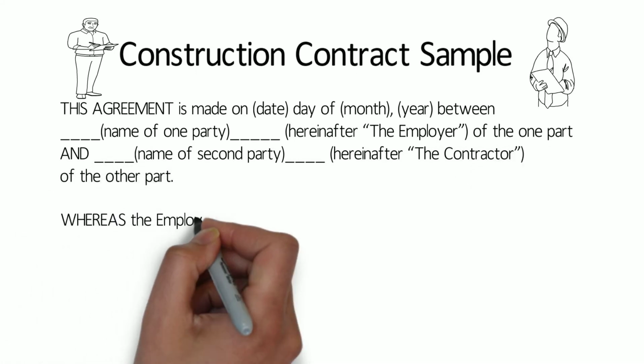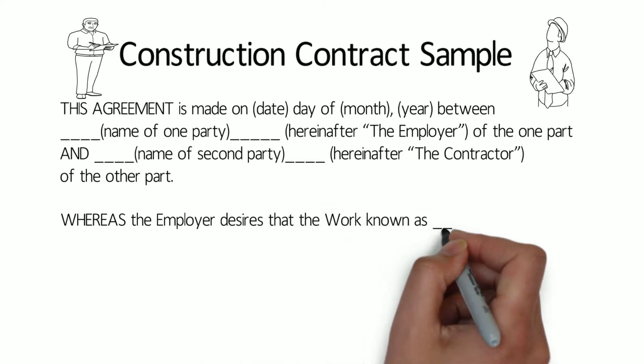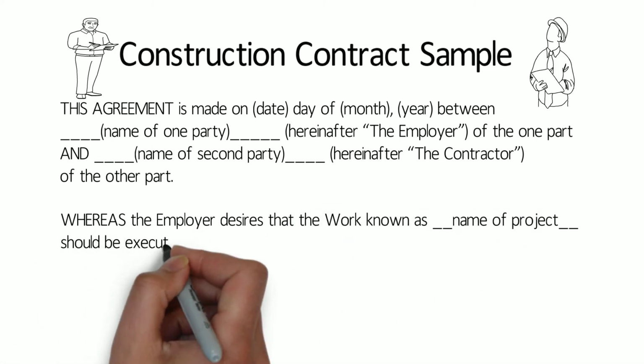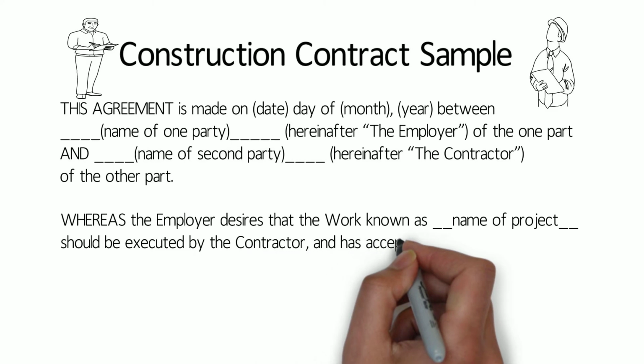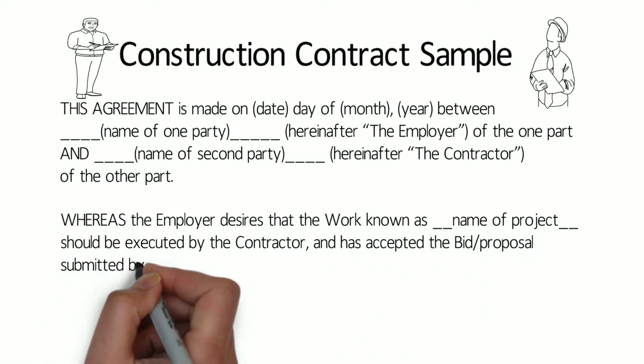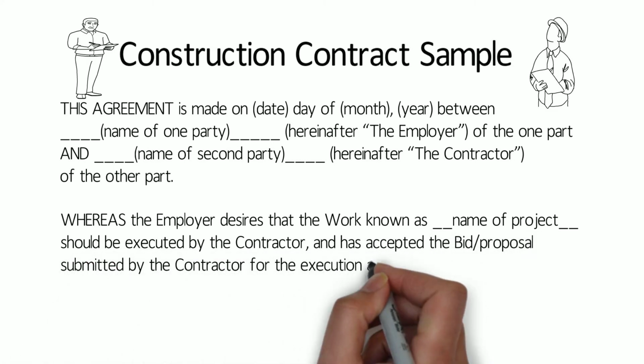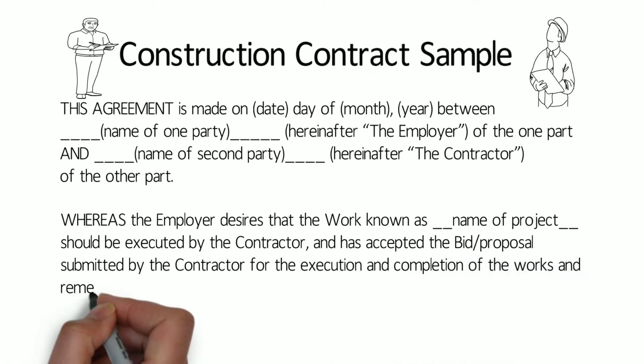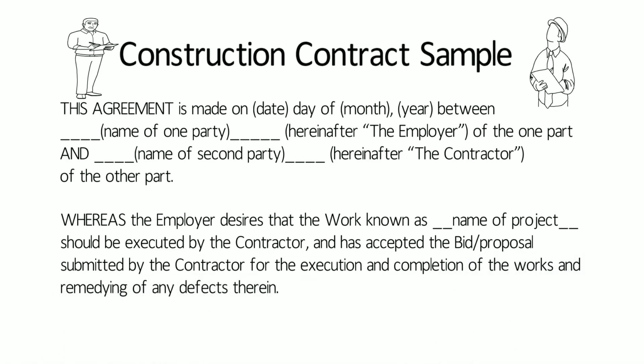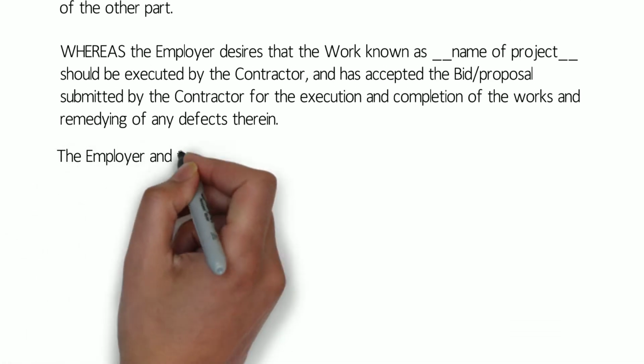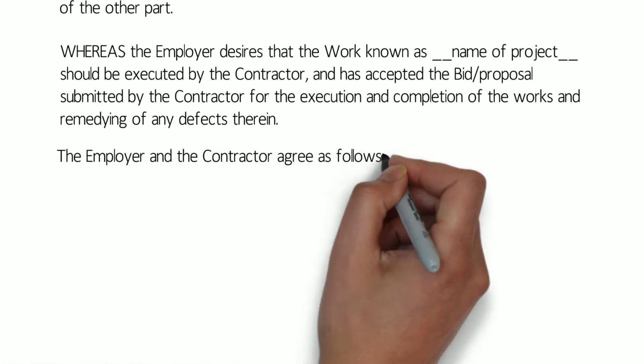Whereas the employer desires that the work known as the name of the project should be executed by the contractor and has accepted the bid submitted by the contractor for the execution and completion of the works and remedying of any defects therein. The employer and the contractor agree as follows.